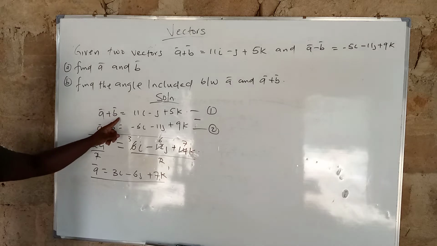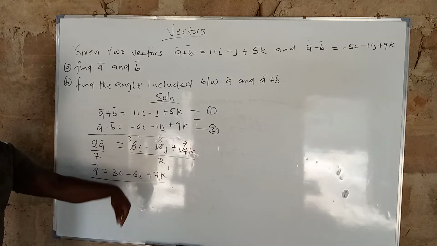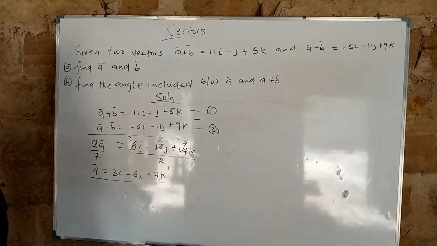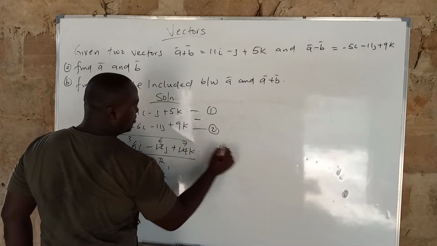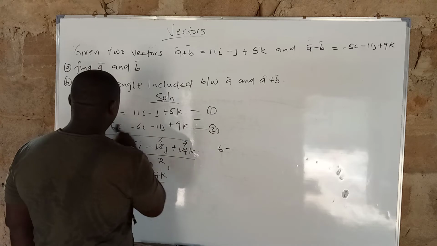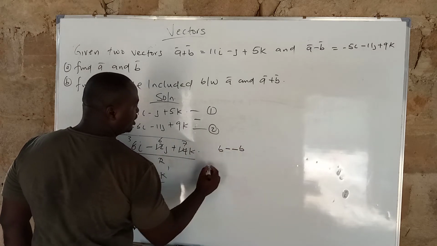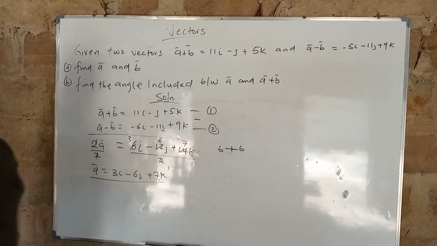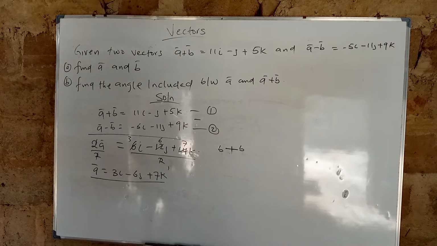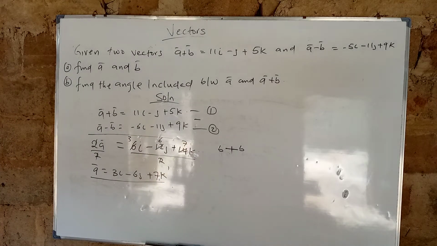But plus B minus B should give you plus, because look at it: B minus this minus, and then minus B, this should give you plus. And then if you have a plus in it, you can solve it naturally.